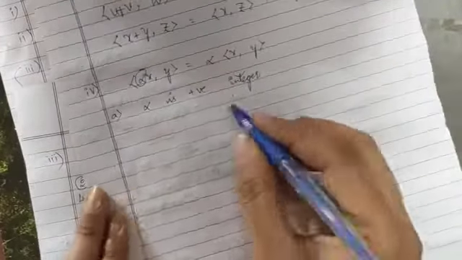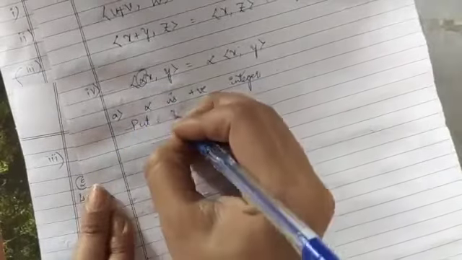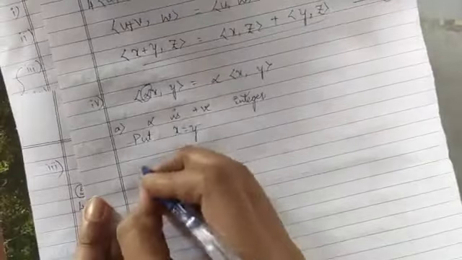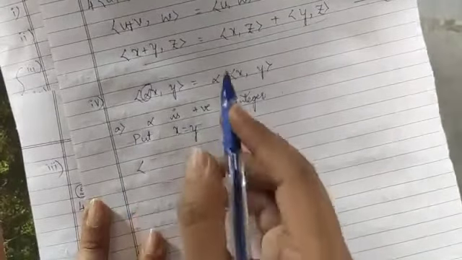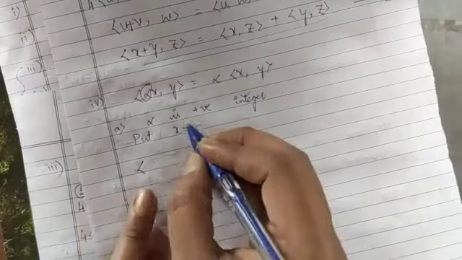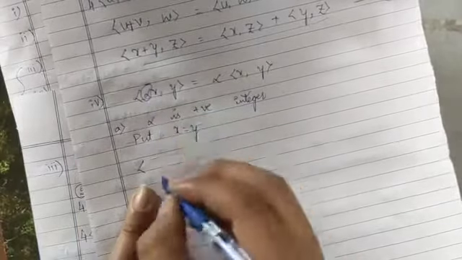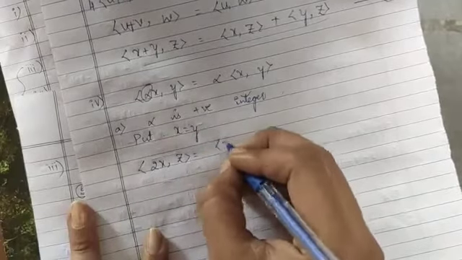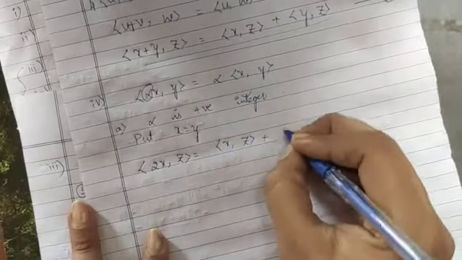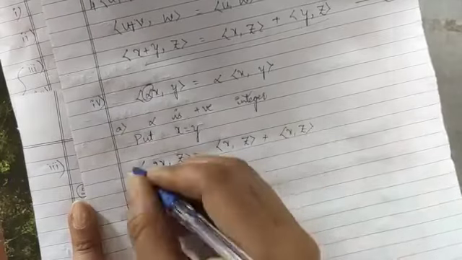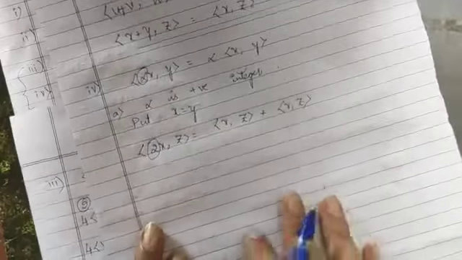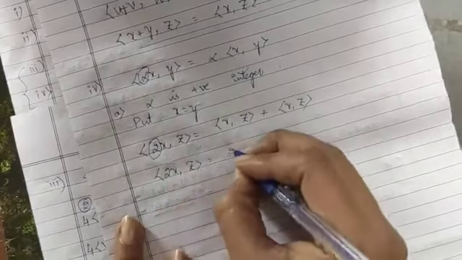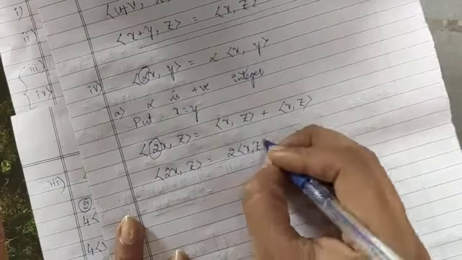Now put x is equal to y in your equation number 13. What you will get? I will write in terms of x only. Inner product of 2x comma z is equal to inner product of x comma z plus inner product of x comma z. This 2 is nothing but your alpha value. So inner product of 2x comma z is equal to 2 into inner product of x comma z.